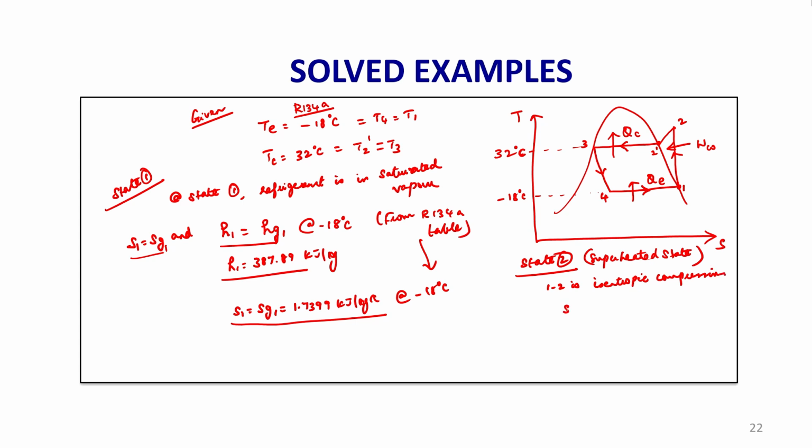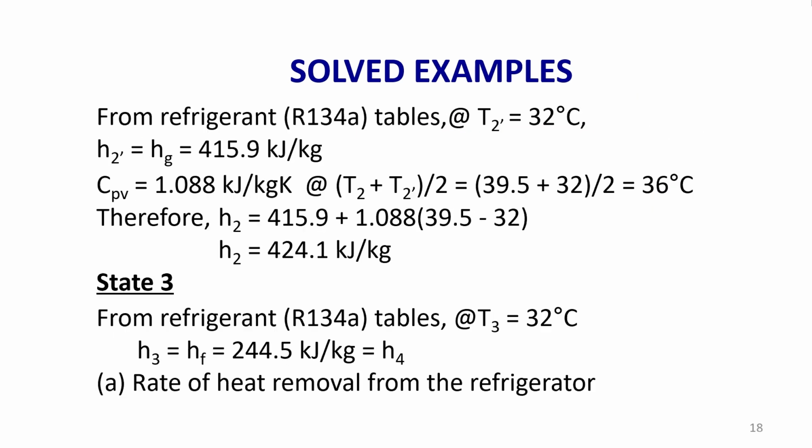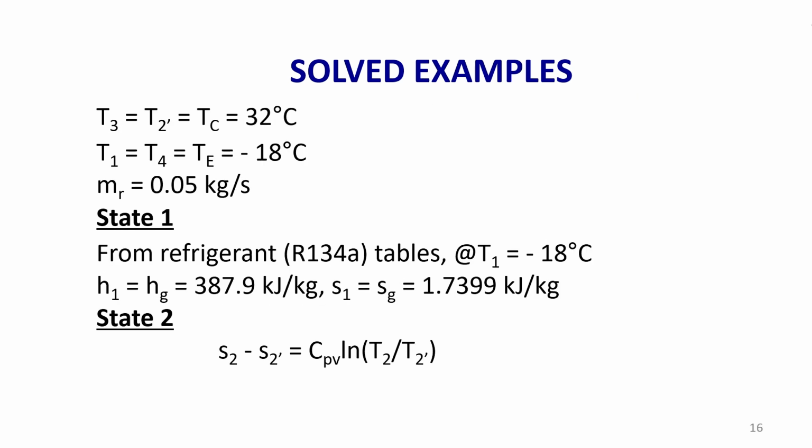Therefore, entropy at 1 is equal to entropy at 2. So, S1 is equal to S2, isentropic compression process. Now that is what I have written here.